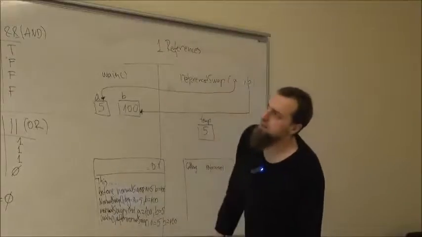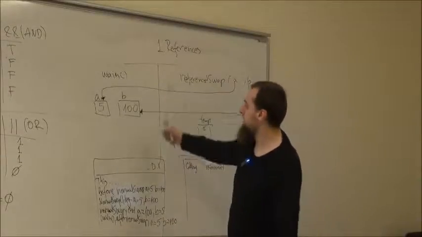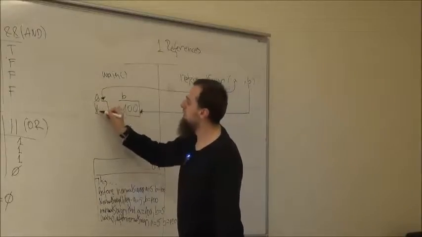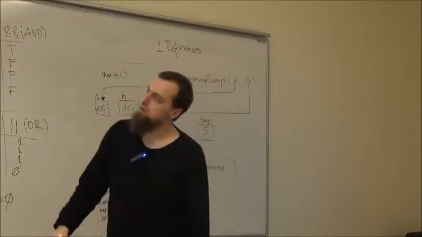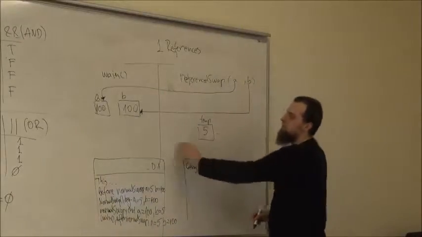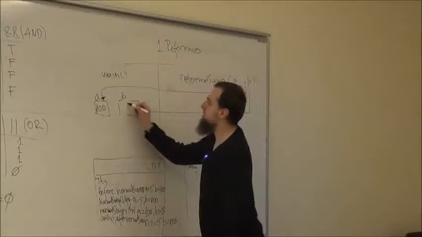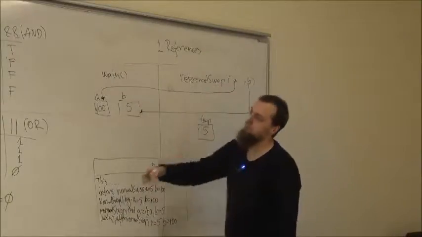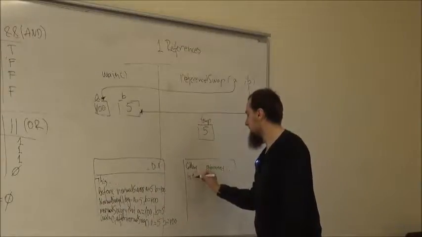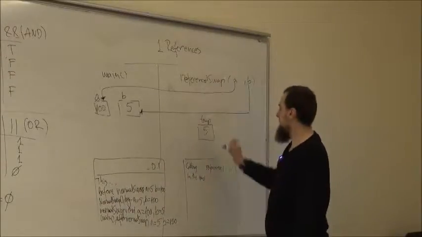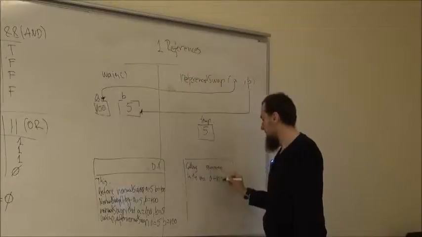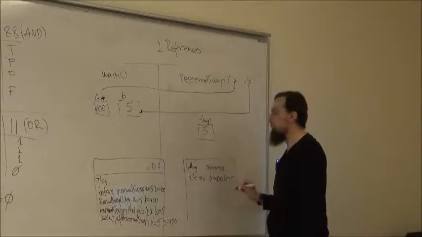Then I'm saying that A is equal to B, so I have here 100. And I say that B is equal to temp, so I'm erasing it, I have here 5. Then I'm printing A and B in the end. In the end of this function, A is equal to 100, B is equal to 5.